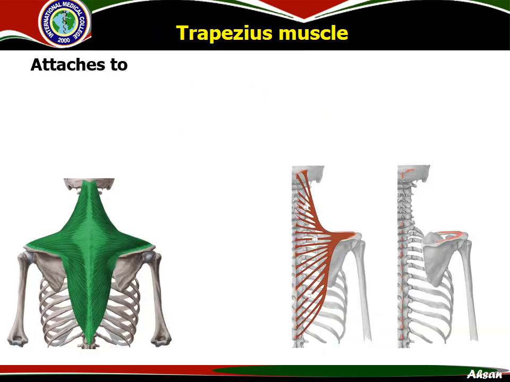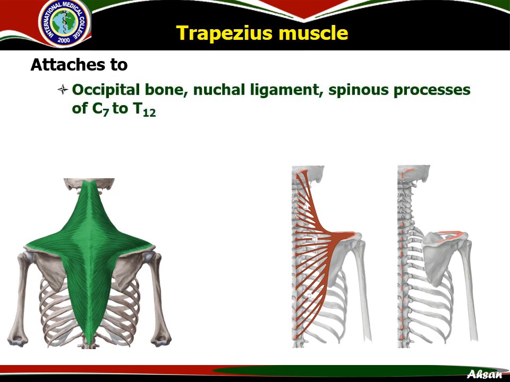The trapezius muscle remains attached along a long vertical line in the midline. It extends from the occipital bone, follows the nuchal ligament, then the spinous process of the 7th cervical to all the thoracic spines, up to the 12th thoracic spine.